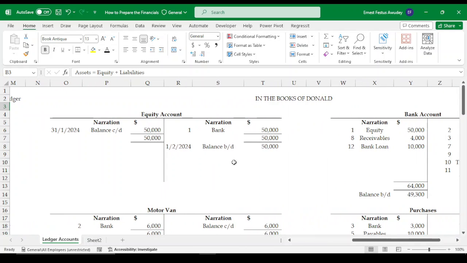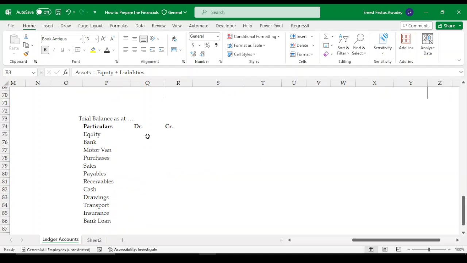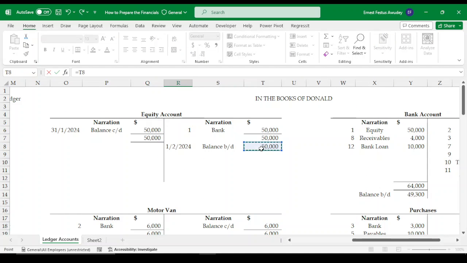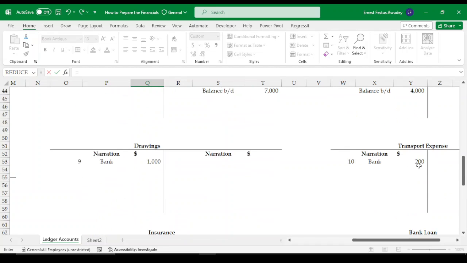Okay, so the equity has a credit balance here. So what I'll do is that I'll quickly go to my credits column here under the trial balance, and then I'll reference my balance brought down from here, 50,000. Okay, then we know that the bank is an asset, therefore it should have a debit balance.